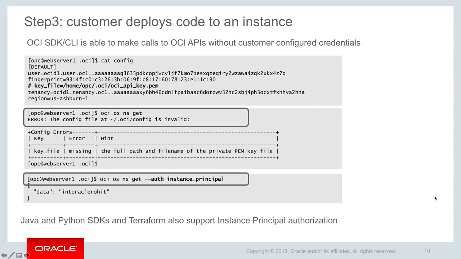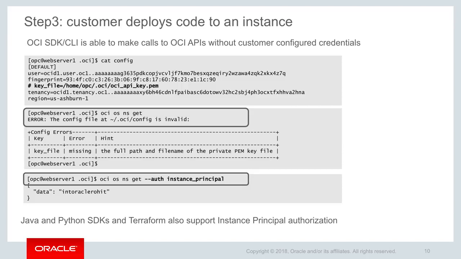This authentication method is made possible through the SDK that OCI publishes. When you install the command line interface, or when you're using Terraform, those tools have been developed to automatically include the instance principal functionality.